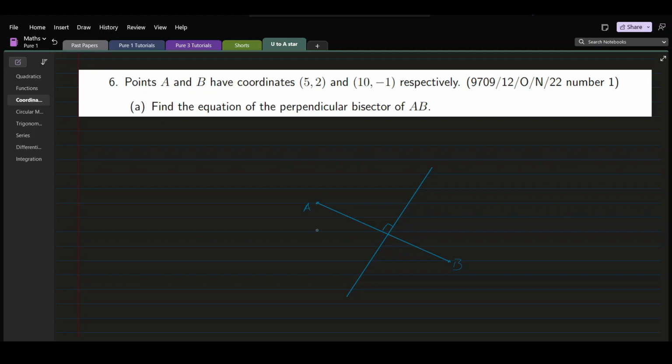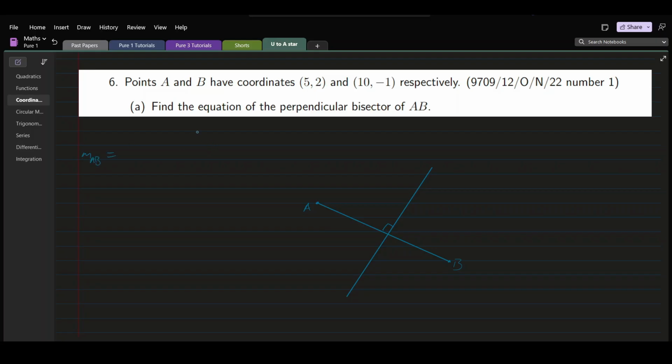Now, to get the equation of our perpendicular bisector, we need its gradient and a point that lies on the perpendicular bisector. So let's start with the gradient. To get the gradient of the perpendicular bisector, we're first going to get the gradient of our line AB.